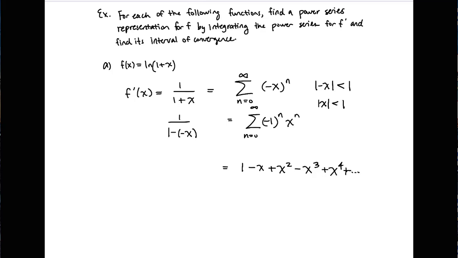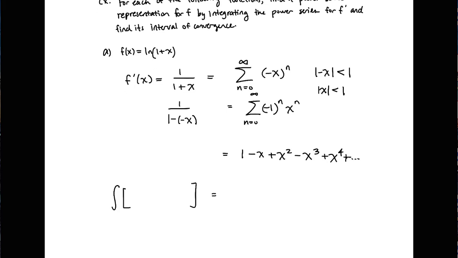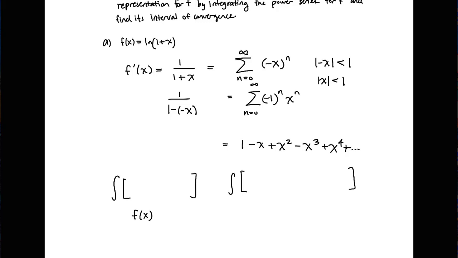When we integrate both sides, integrating the f prime will give us an f of x, which is what we're looking for, and integrating our series will give us the series representation.